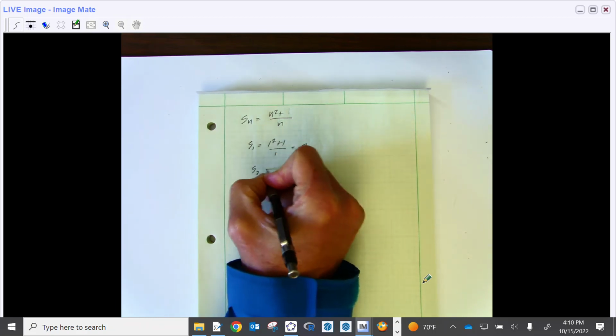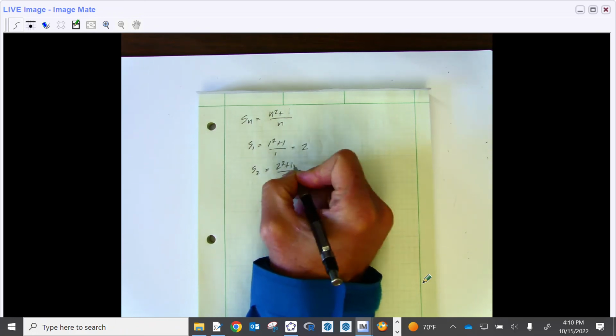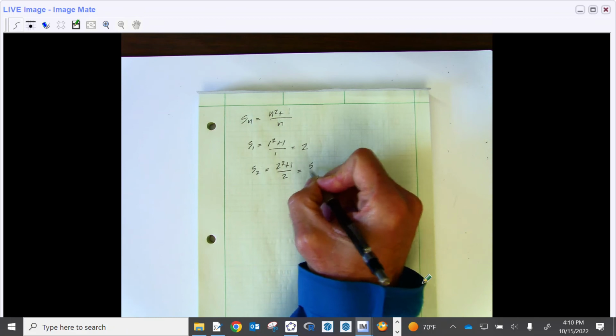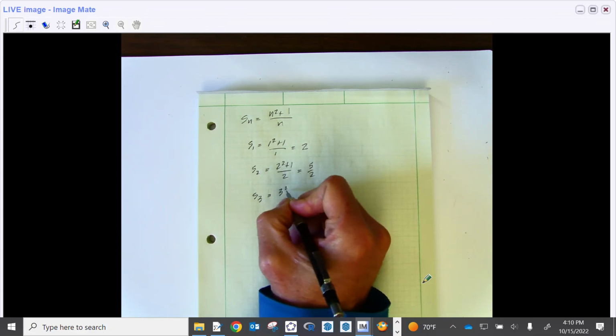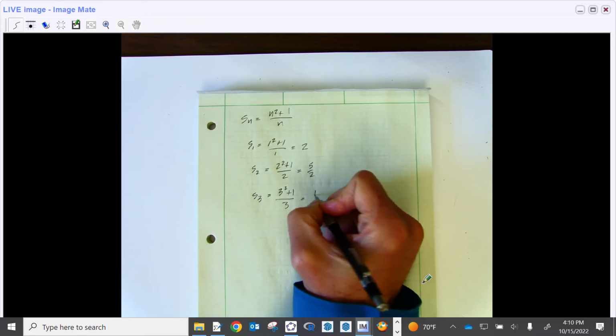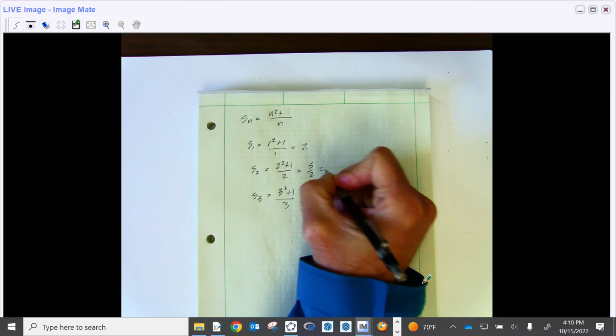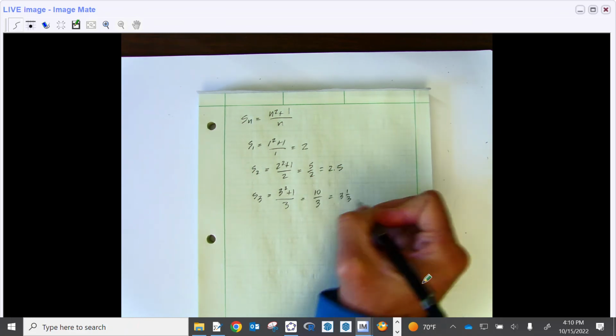S sub 2 is going to be 2 squared plus 1 over 2, so that's 5 over 2. S3 is going to be 3 squared plus 1 over 3, so that's 10 over 3. This is about 2.5. This is 3 and 1/3.